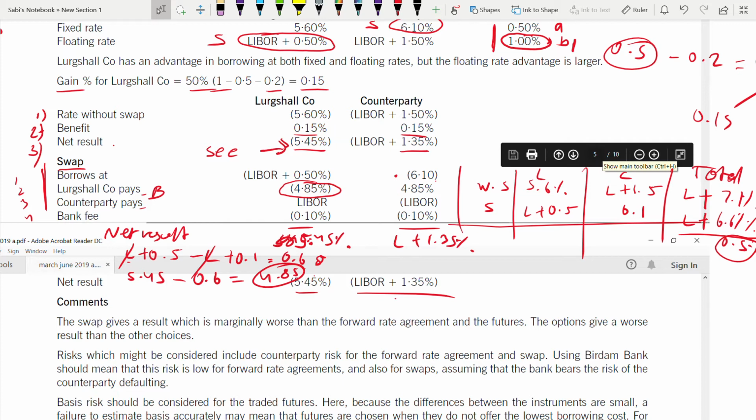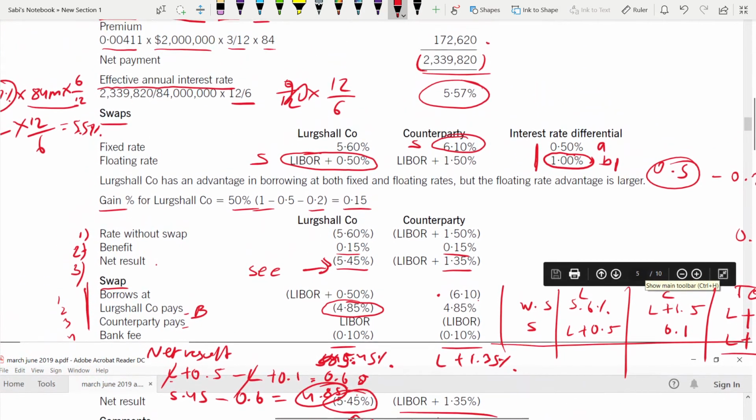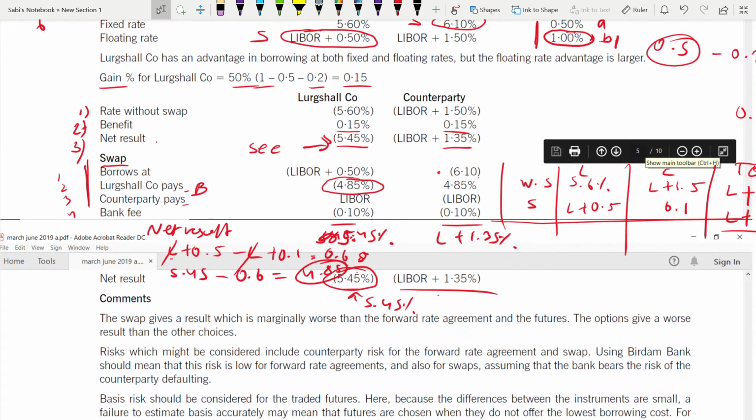Now with the swap, what is the rate you are getting? The net result is your rate. This rate you have to write as 5.45% simply, because everything you have to write as a percentage. Remember, your forward, future and option also were in some percentage. Something we got 5.57%, and this is 5.45%.